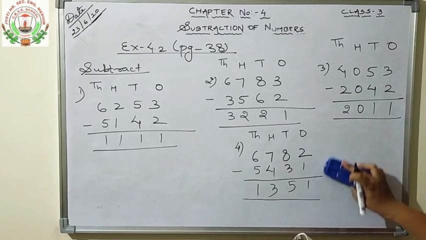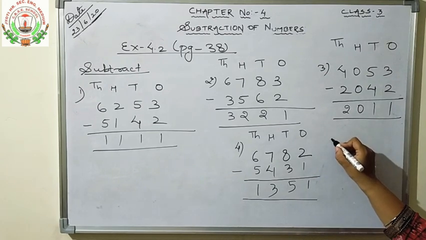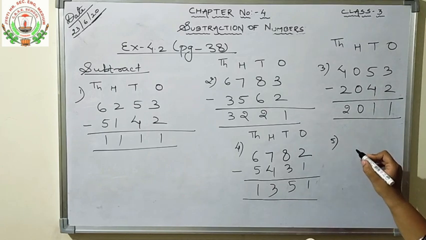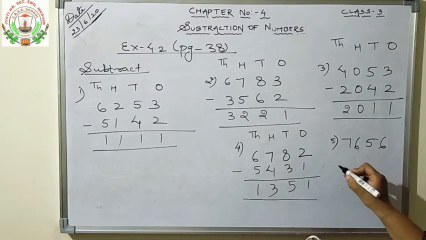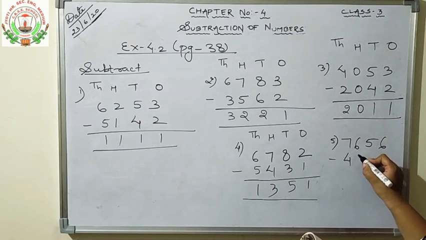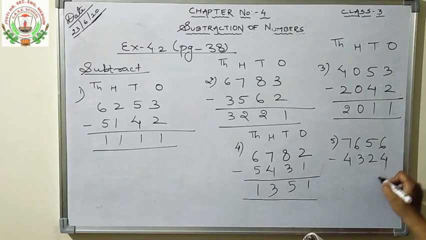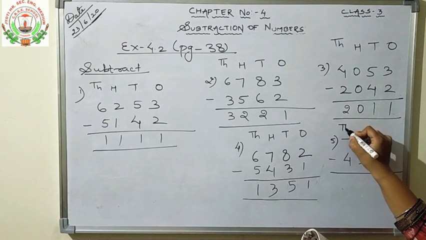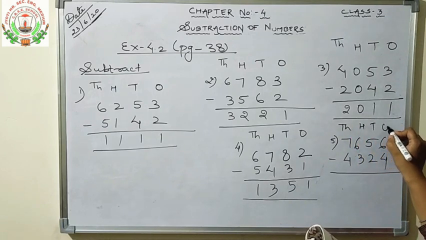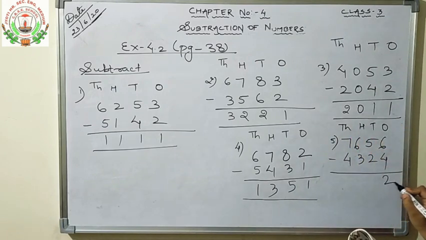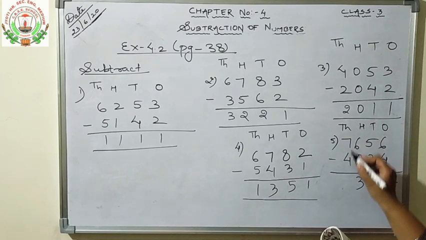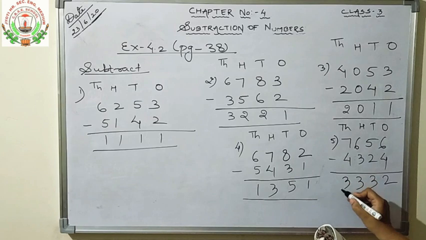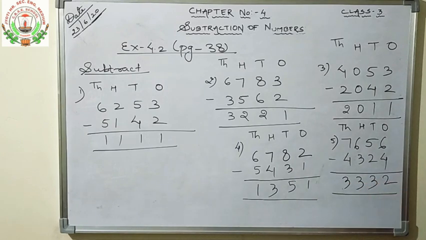Now number 5: 7656 minus 4324. First the place values, thousands, hundreds, tens and ones. 6 minus 4 is 2, 5 minus 2 is 3, 6 minus 3 is 3, 7 minus 4 is 3. In this way you will solve the book work.